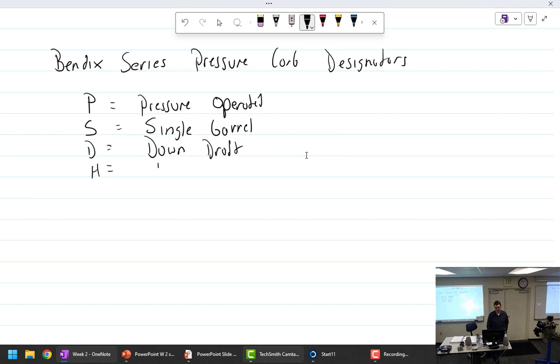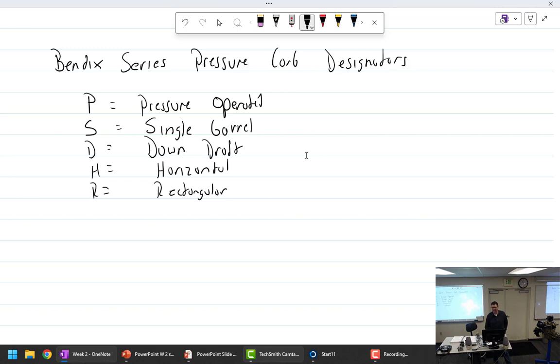H is horizontal, which means air goes sideways. Interesting enough. Oh, I didn't write down R, but I'm pretty sure R is rectangular. So the PR58 is a pressure rectangular opening.